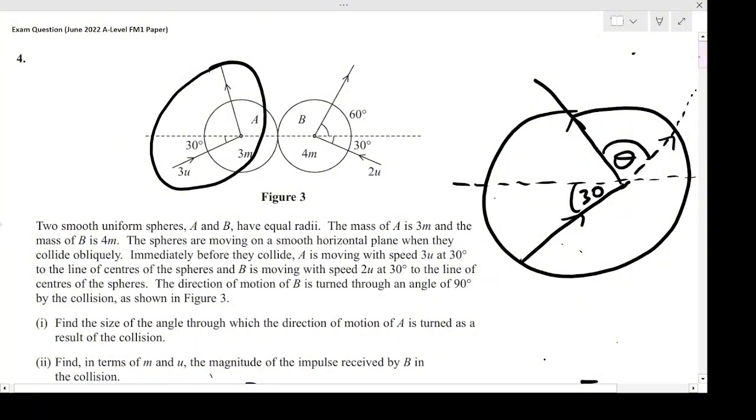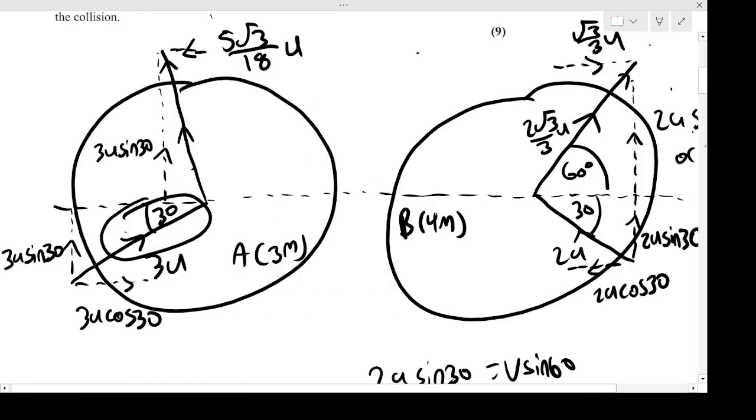Okay, how on earth am I going to work out theta? Well, actually, I also know this angle here. If I call this alpha, it's just the angle in this triangle with these two components I've found.